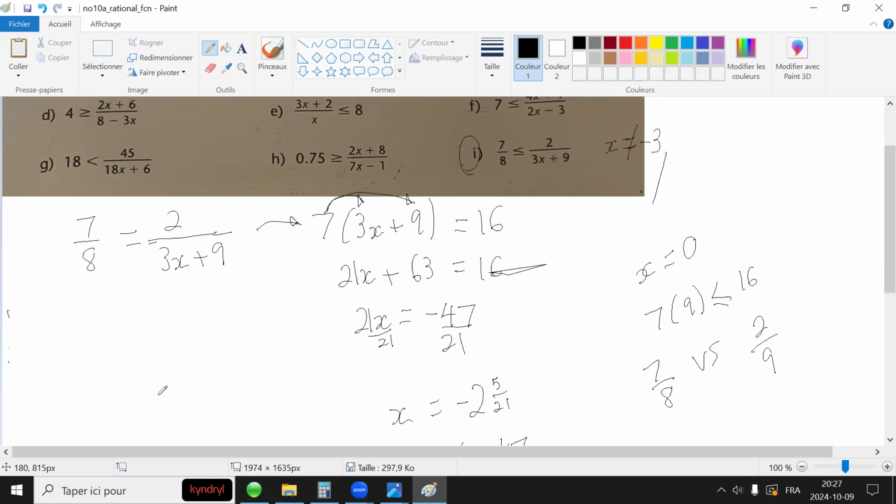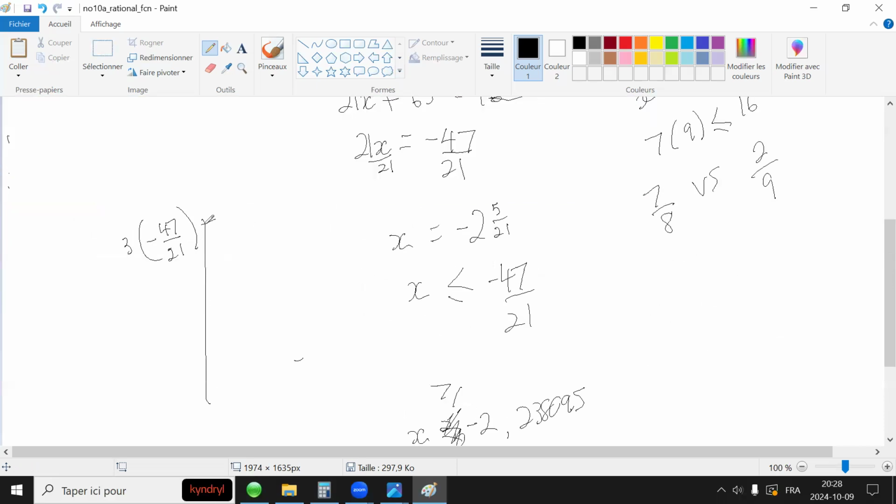So in case it would be equal, I'd have minus 47 over 21. So it's 3 multiplied by that plus 9.